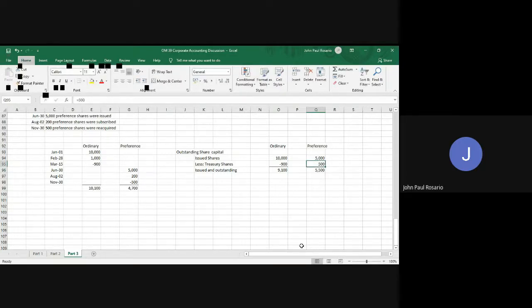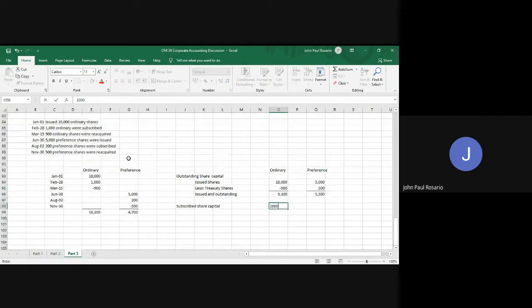And then we add the subscribed share capital. How many subscribed ordinary shares? It's 1,000. For preference, it's 200.